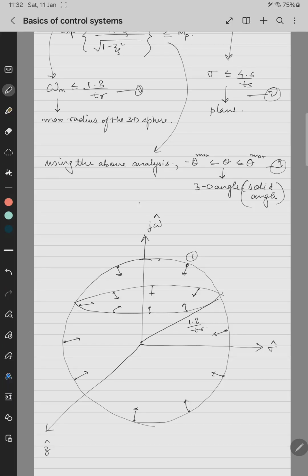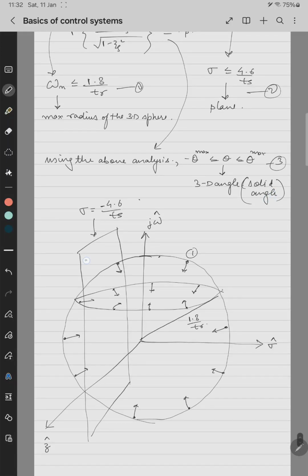Second is nothing but a plane, just like in the first case, somewhat like this, and this will be sigma equals minus 4.6 by Ts. So it has to be inside it, this side of the plane, using equation number 2. And obviously sigma greater than 0 means there is one more plane here.